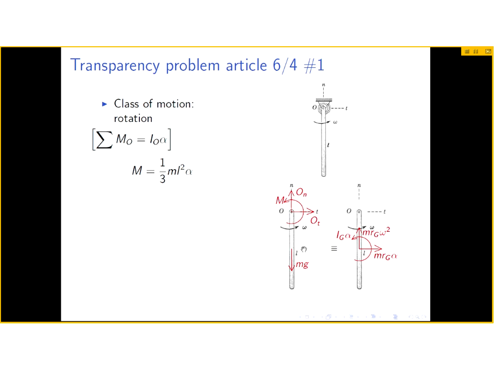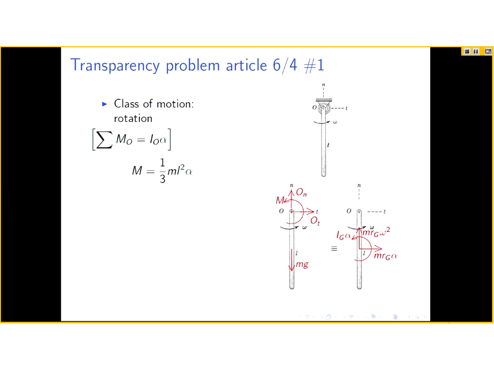The moment of inertia of a homogeneous slender bar about its center of mass is 1 over 12 times ml squared. But if we calculate the moment of inertia using the parallel axis theorem about the end of the bar, it's just a third. It's of course larger because a third is larger than a twelfth. So the minimum possible moment of inertia is that about the axis through the center of mass, that is 1 over 12 ml squared, but about an axis through the tip it is a third ml squared.